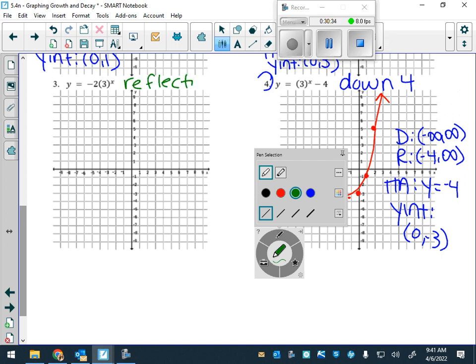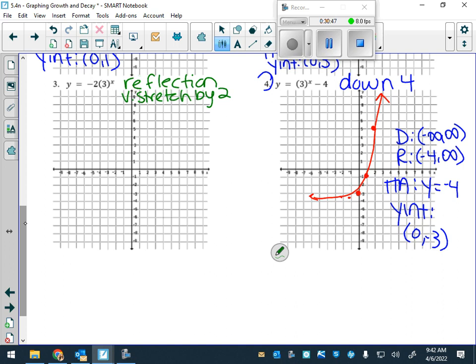Reflection and what else? Brian? It's a stretch. Vertical stretch. Good. By 2. So, if we took our original values, we have 1/9, 1/3, 1, 3, and 9.